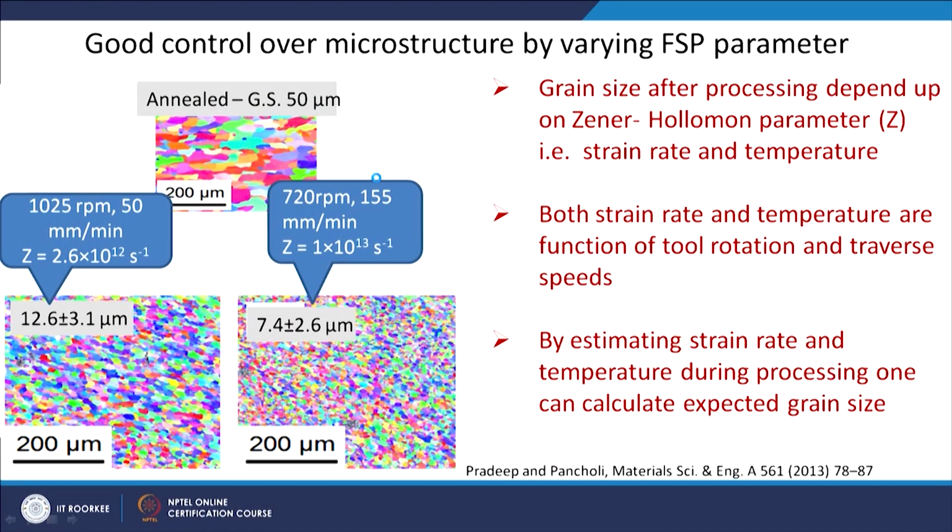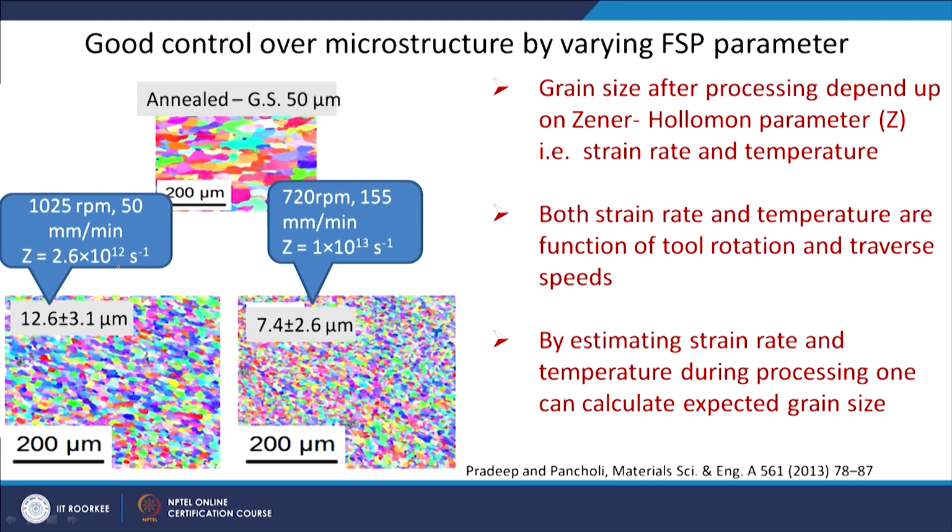This is another work taken from one paper of ours. This is an aluminum 5083 alloy. The initial grain size, in annealed condition, is around 50 micron. Two sets of processing conditions are used: 1025 rpm at 50 mm per minute and 720 rpm at 1555 mm per minute. The effect on the Zener-Holloman parameter is also shown here.